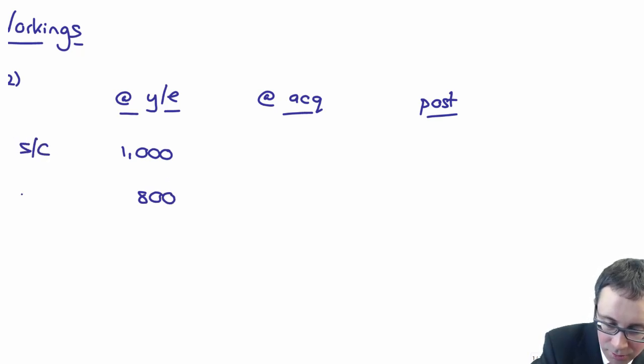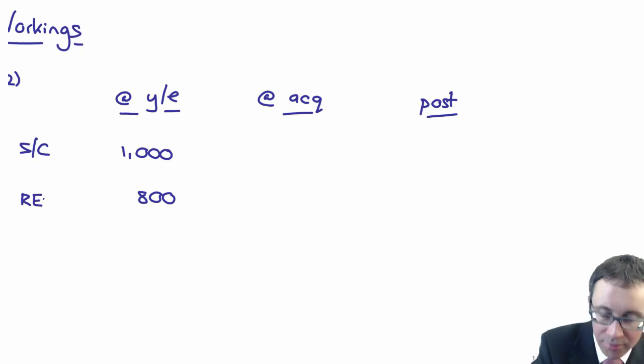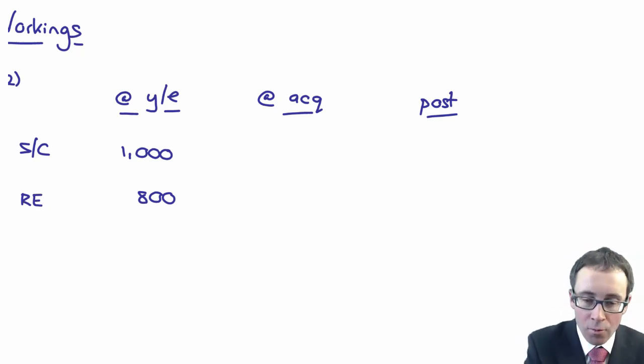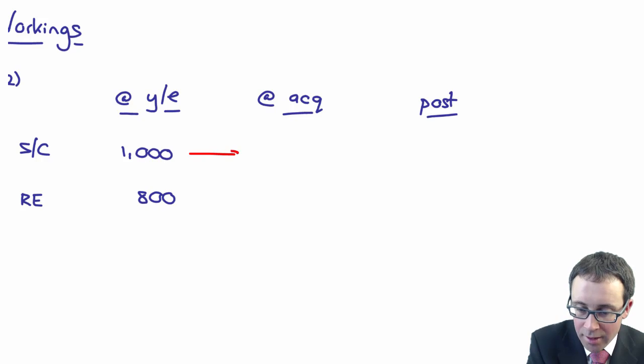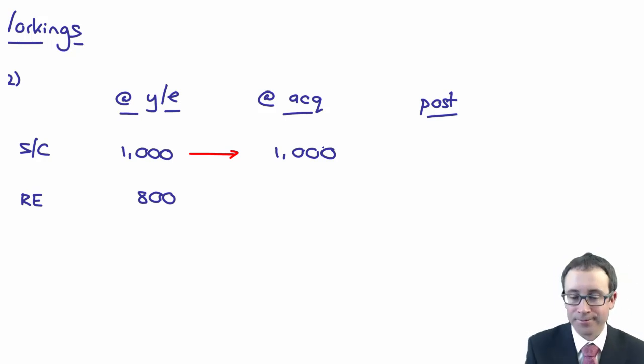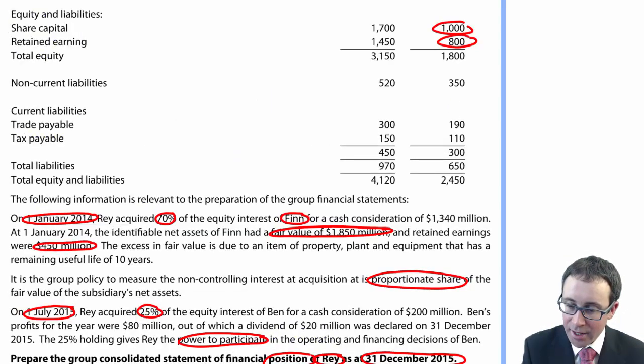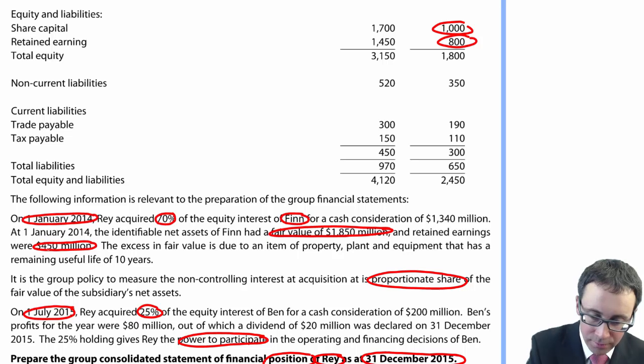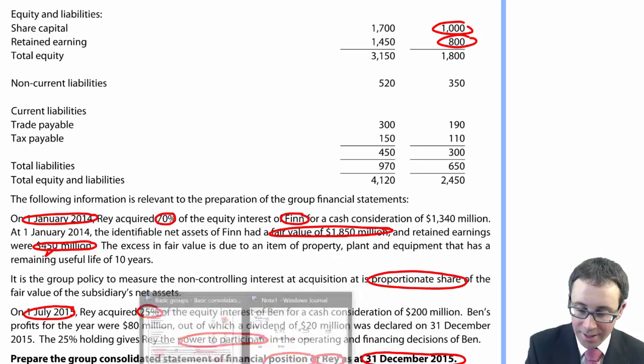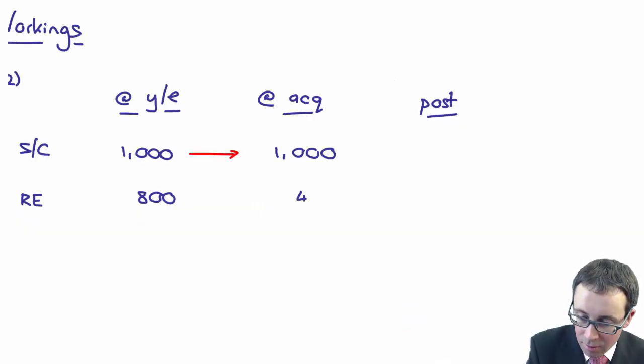That's my share capital. That's my retained earnings, isn't it? We know that the share capital at year end is exactly the same as what we had at acquisition. So that's 1,000. Okay. The retained earnings at acquisition were 450, so we can tick that off. We've dealt with that. That gives me 450.